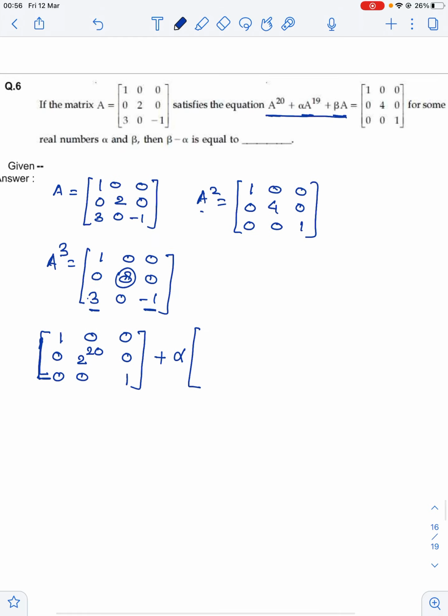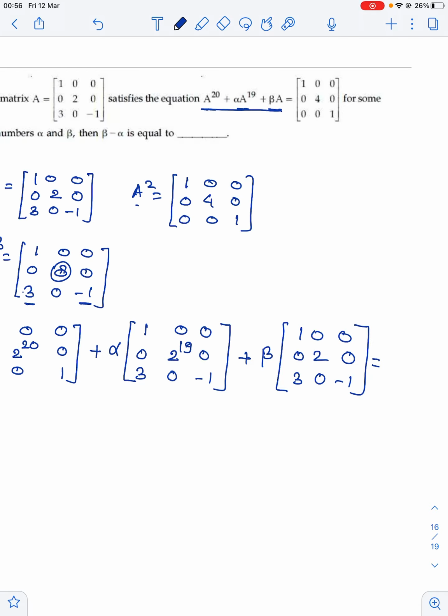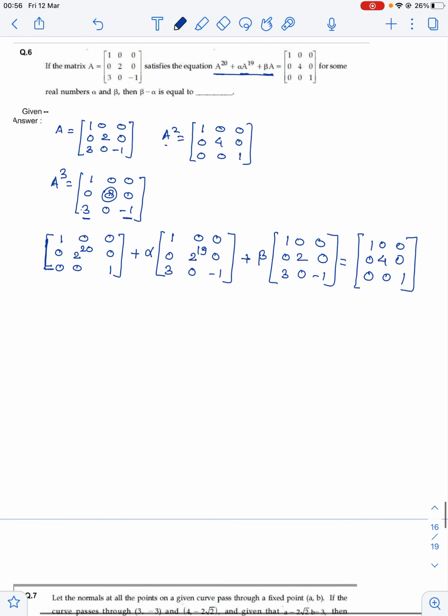A to the power 19 means odd type, that is [1 0 0; 0 2 to the power 19 0; 3 0 -1], plus beta times A, that is [1 0 0; 0 2 0; 3 0 -1], and that whole thing is [1 0 0; 0 4 0; 0 0 1]. So to evaluate alpha and beta we need to compare two things.